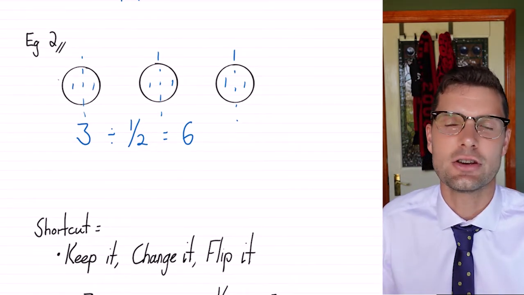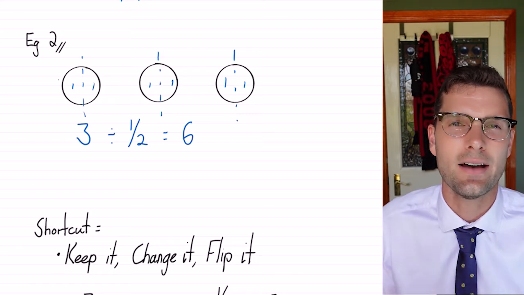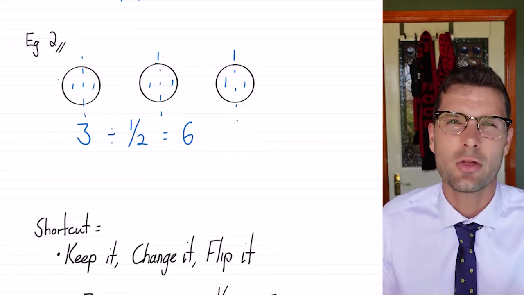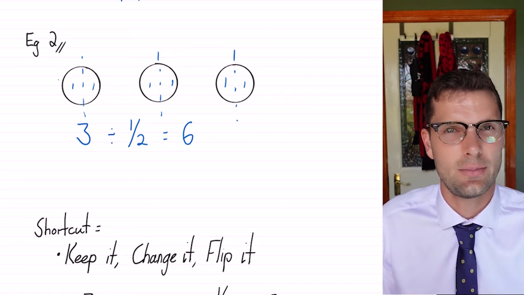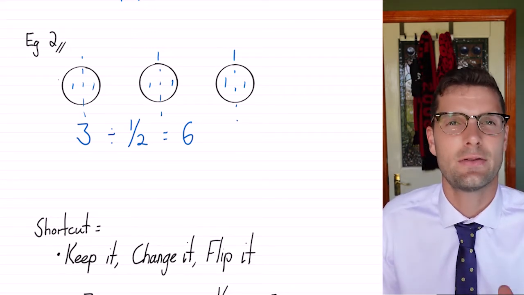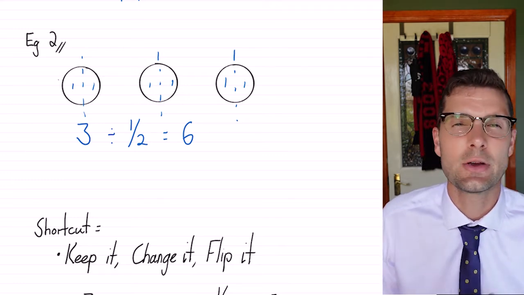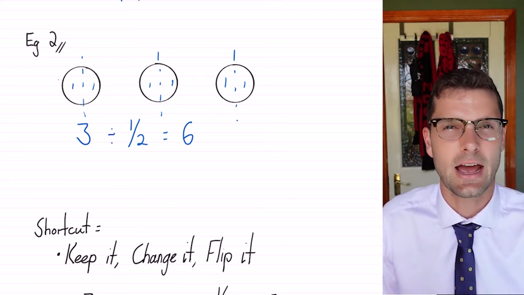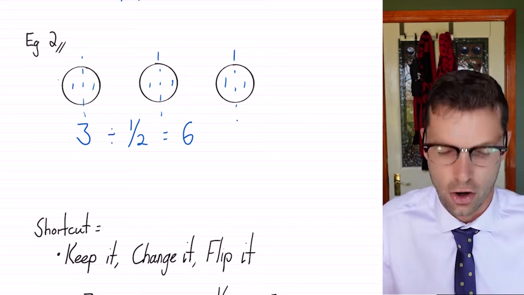So there's obviously a shortcut here, and you might have been able to see how the whole number and the denominator work together. The way that I like to think about it is you keep it, you change it, and you flip it. And what that means is that you keep the first number. The 3 stays the same. Change it means we go from a division to a multiplication, and flip it means we flip the fraction on its head.